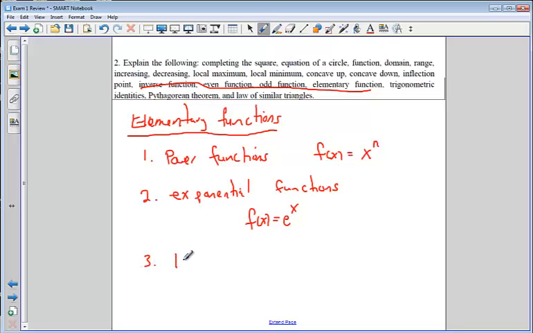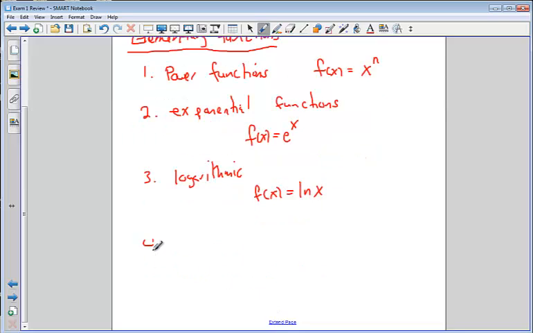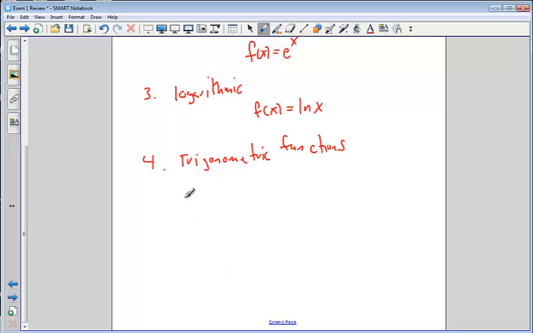And 3, we have logarithmic functions. And it turns out all we really need for this one is the natural log function, so f of x equal to ln of x. And then number 4, we have the trigonometric functions. All right, so these involve the cosine of x, the sine of x, the tan of x, which is really just the sine of x divided by the cosine of x.